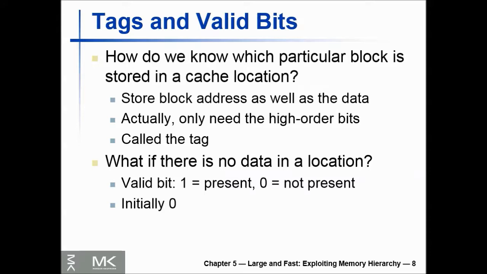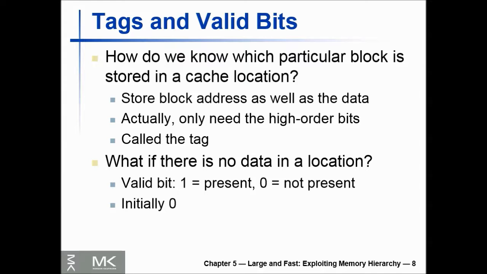How do we know whether a requested word is in the cache or not? We answer this question by adding a set of tags to the cache. The tags contain the address information required to identify whether a word in the cache corresponds to the requested word.